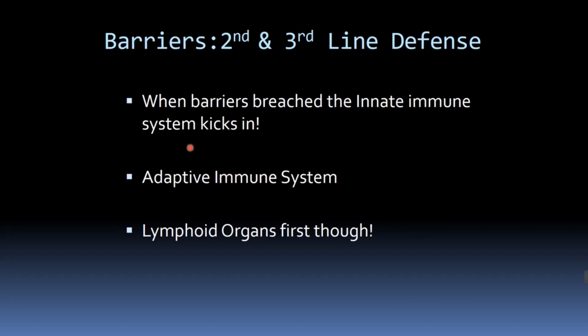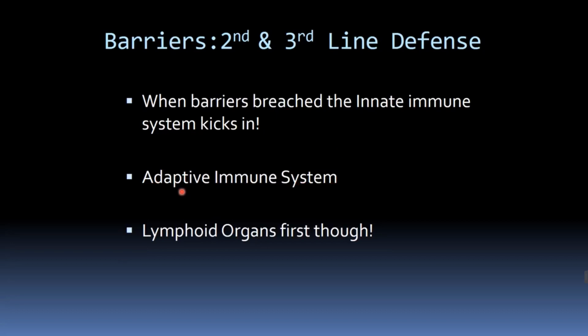Now, in terms of timelines, the innate response comes immediately after that first line has been breached. So, for example, if bacteria gets into your lungs, and we couldn't get rid of it by sneezing and coughing, etc., and it does essentially colonize, then your body will respond to it. And we'll see how that plays out. We link in to the adaptive response.